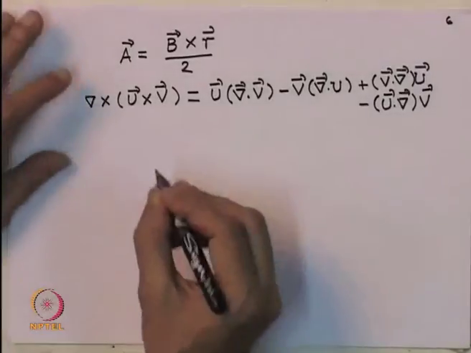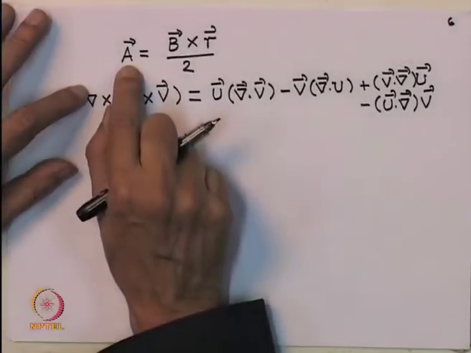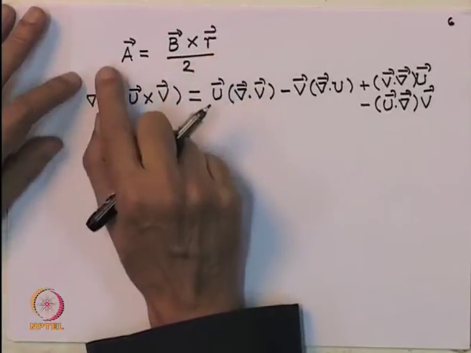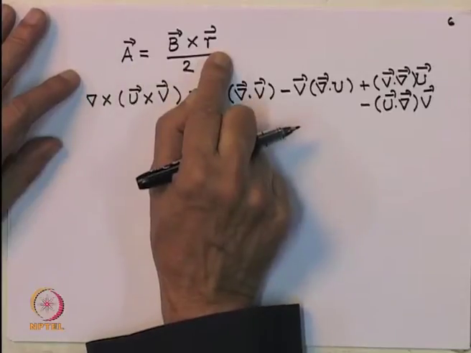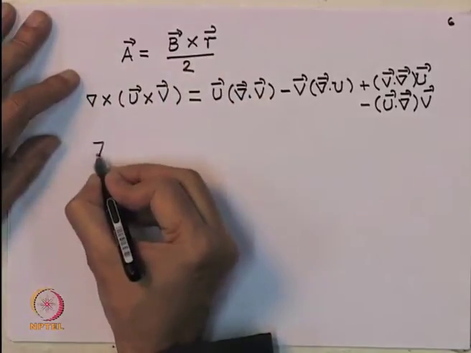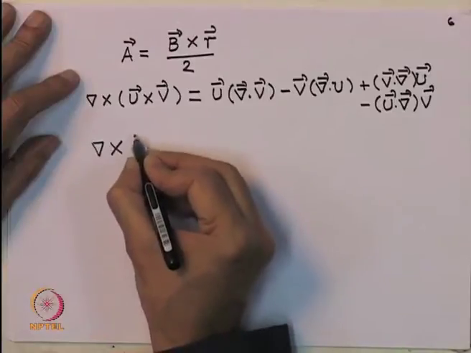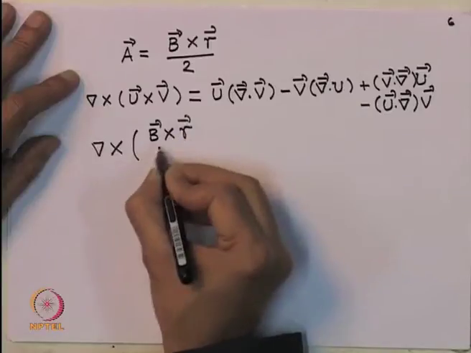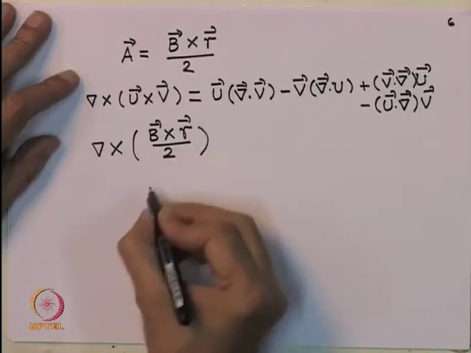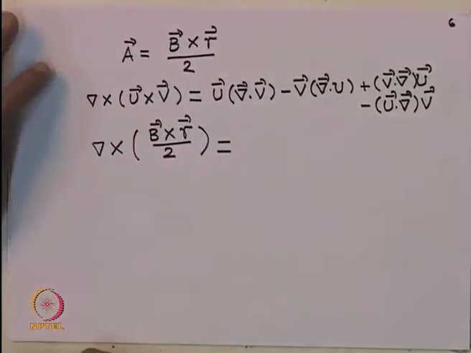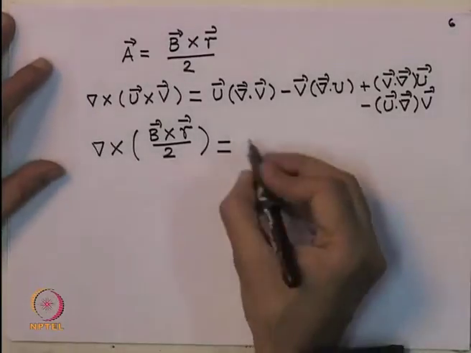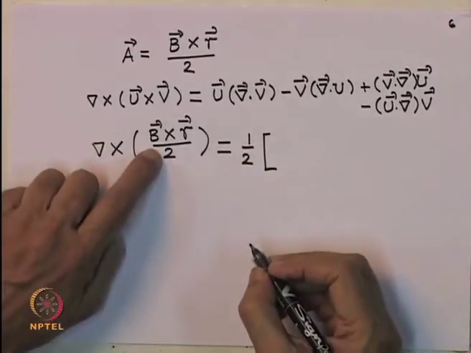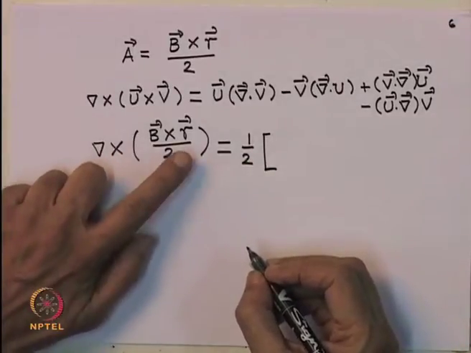So, notice that I am claiming that A is B cross R by 2. In other words, I am saying that if you take del cross A, it should give me B. So, let us check why. So, del cross B cross R by 2, notice there is a half, of course. In this case, identify u with B and R with v.